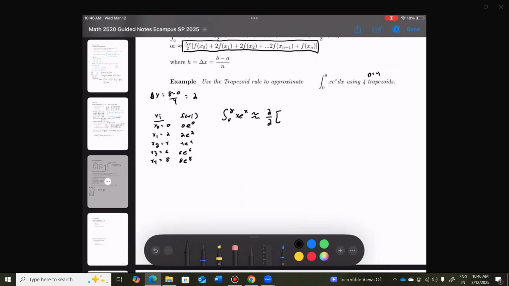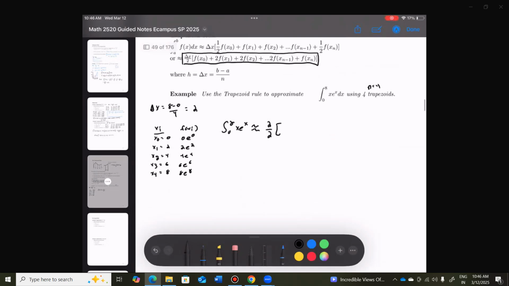And then we'll do our f of x sub 0, which is going to be 0 e to the 0, plus 2 times our 2e to the 2, plus 2 times our 4e to the 4, plus 2 times our 6e to the 6, plus 8e to the 8.